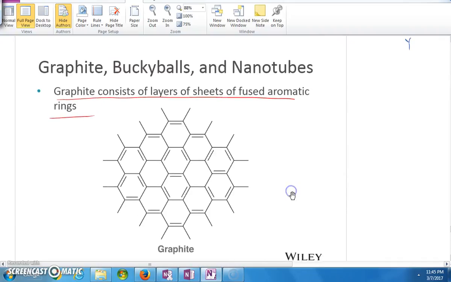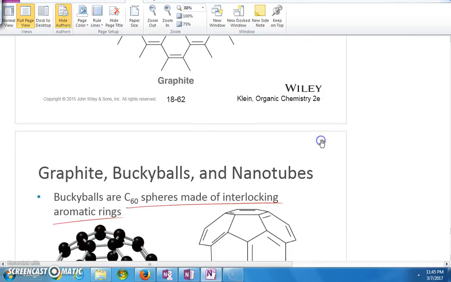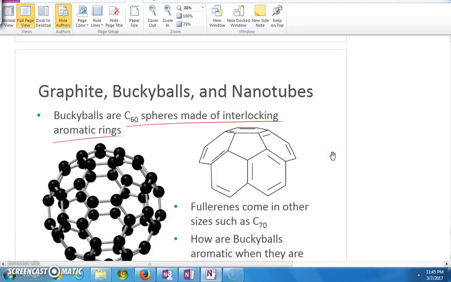Let's talk about graphite. Graphite consists of layers of sheets of fused aromatic rings. Buckyballs are C60 spheres made of interlocking aromatic rings. You see, each of these aromatic rings is aromatic on its own, but overall, the buckyball is non-aromatic.